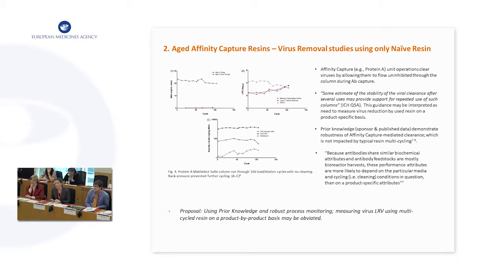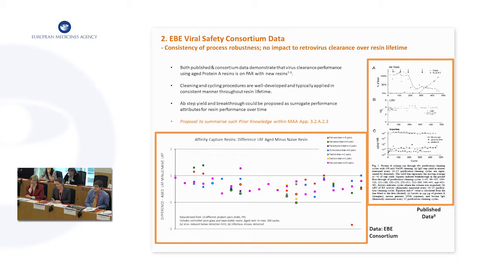Again, the Viral Clearance Consortium assessed the available published literature on multi-cycled resin for viral clearance, and again looked internally to our own particular products, which have included in this instance monoclonal antibodies, fusion proteins, and also plasma products that are cleared using affinity capture resins that include base stable and pore glass resin types.